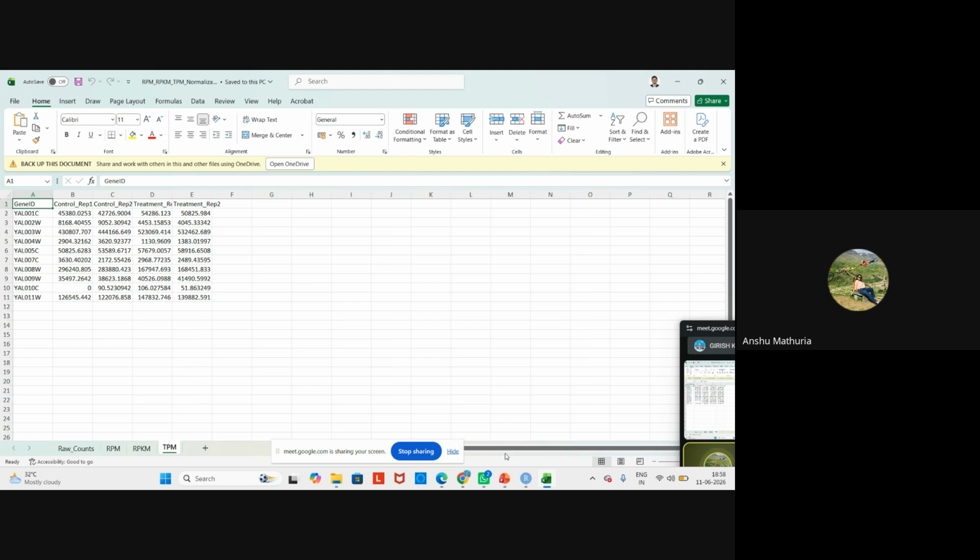For your TPM values, it's coming a little different because of rounding of the values. Like my value is coming as 1.2 and yours is coming as 1.3. Yes, it's just the rounding. I am also doing the same thing manually, and it showed the deviation because of rounding in the calculation. This should be more accurate.